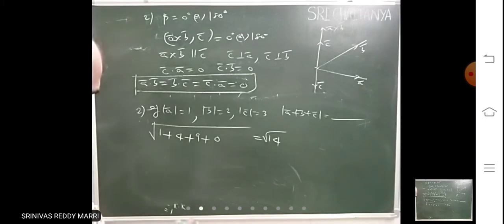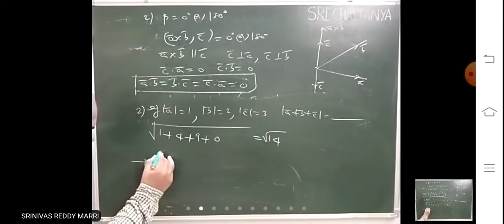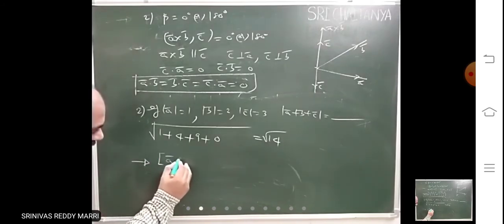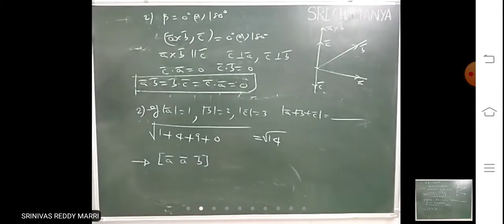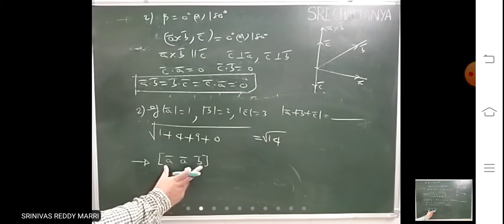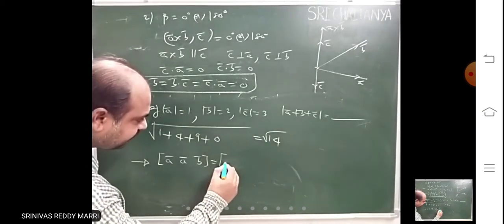Look at the next property. Suppose in the scalar triple product three vectors will be there. If any two vectors are equal, the scalar triple product will be 0.